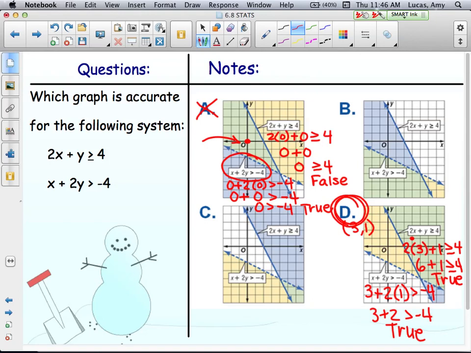So I went with the assumption then that that inequality was supposed to be shaded above. So then the other one that was shaded above was D, and that one came out to be true for both. So D is the correct answer.